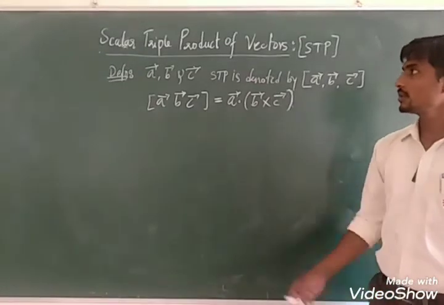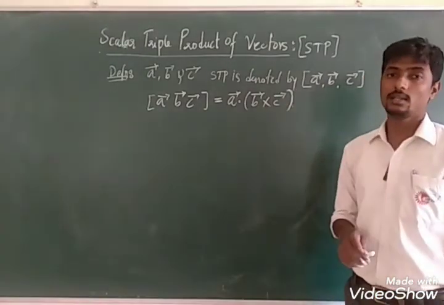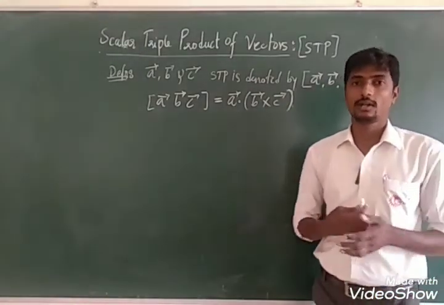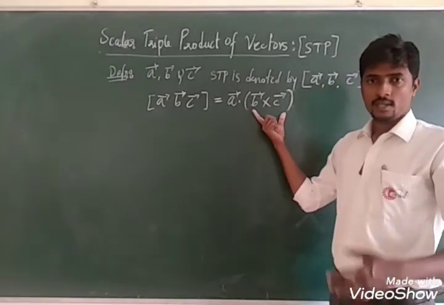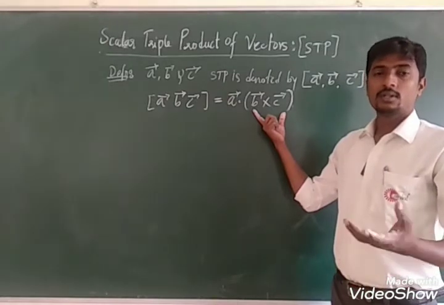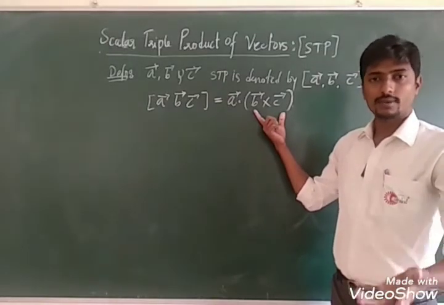Okay, so the scalar triple product of the vectors is a scalar quantity. How? So look, B cross C is a vector quantity, because the cross product of any two vectors is always a vector.